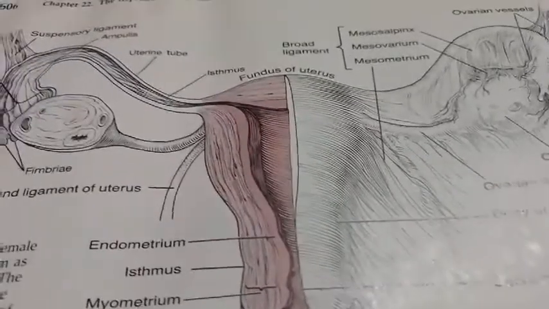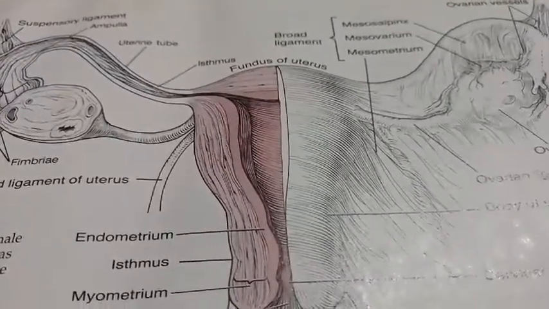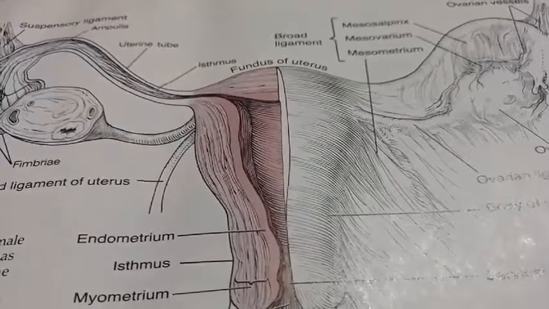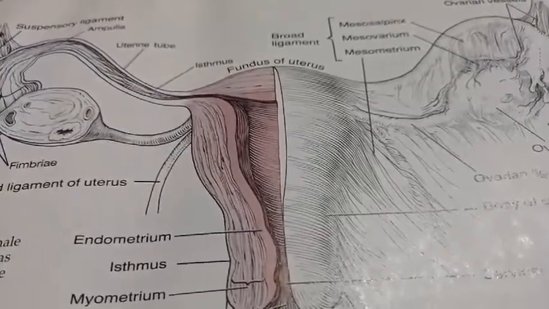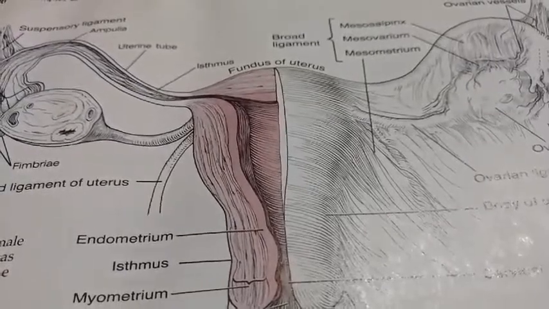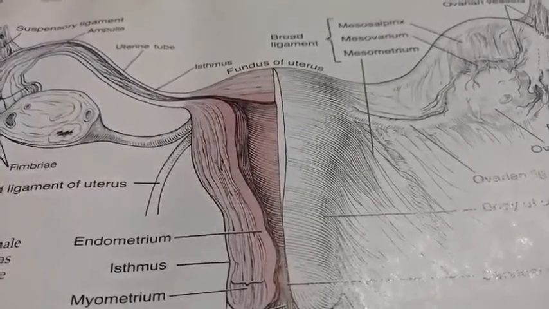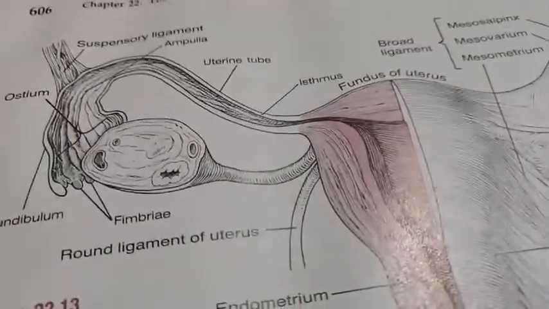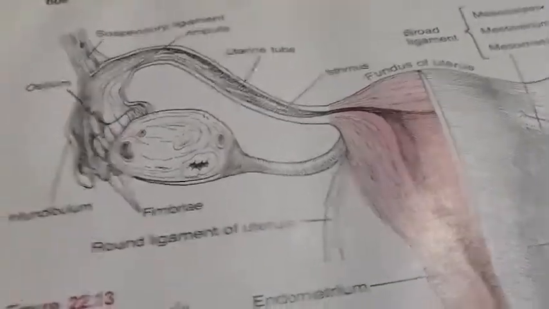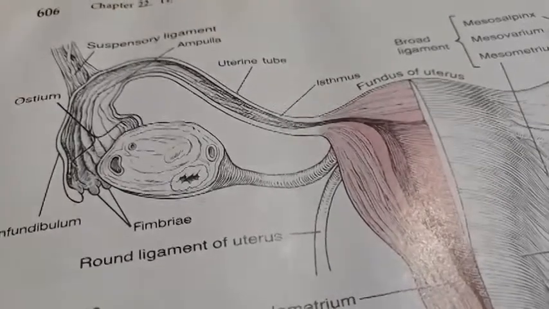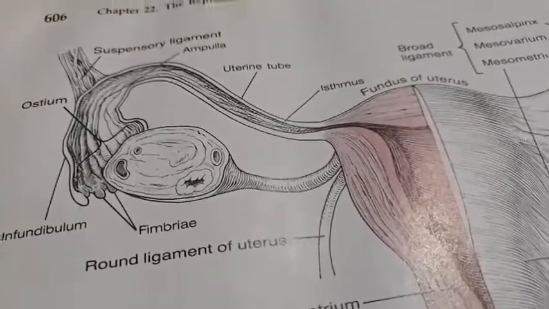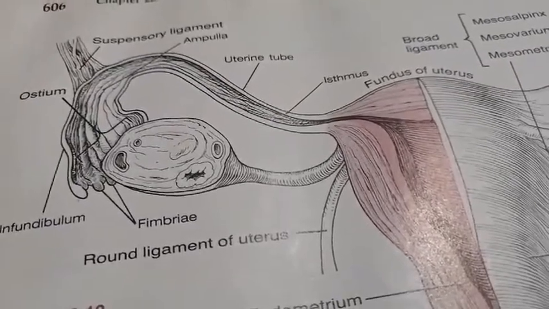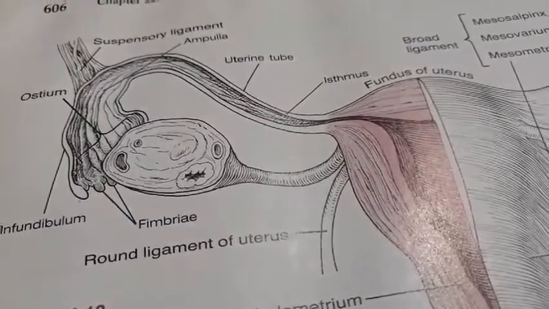Now this is your uterine tube. Now, the uterine tube extends from where? From the ovary to the uterus, to the lateral angles of the uterus. Now this is one of the major portions of your uterine tube. Here it is funnel like, and it has finger like projections which we call fimbriae.